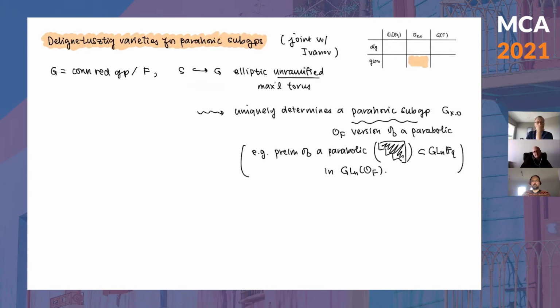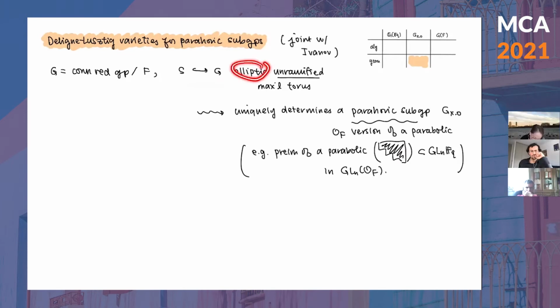Whatever that means, this word elliptic means that associated to this choice of a torus inside my G, I can uniquely associate something called a parahoric subgroup, which for us will always be denoted by GX0. And this is kind of an integral version of a parabolic. Like an integral version of a Borel subgroup, that's called an Iwahori, and that's an example of a parahoric subgroup.